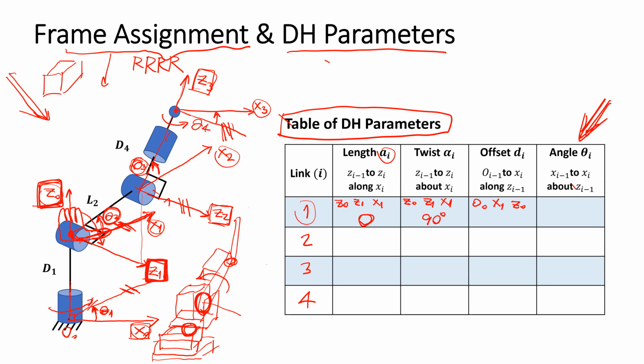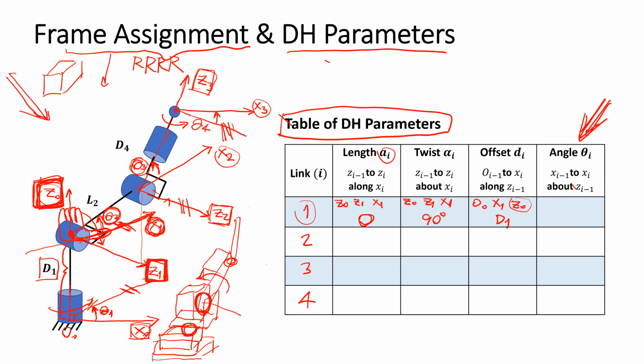And the X1 is at this height. And the distance is measured along the Z0 direction. The offset for the link 1 is D1.